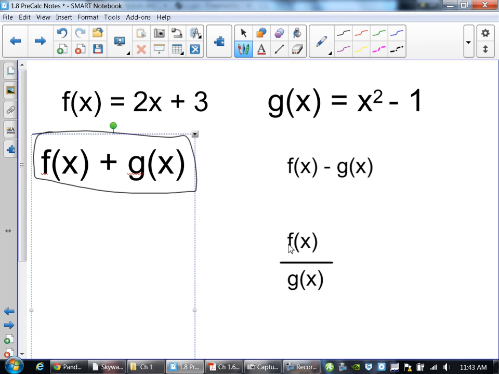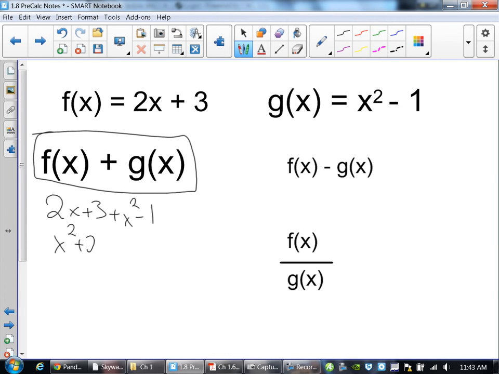There, now I have some more room. So I take that f of x equation, 2x plus 3, and I add to it x squared minus 1, which gives me a final answer of... and you're done. It's a composite of functions; you just put it together. That's it. It's not crazy.